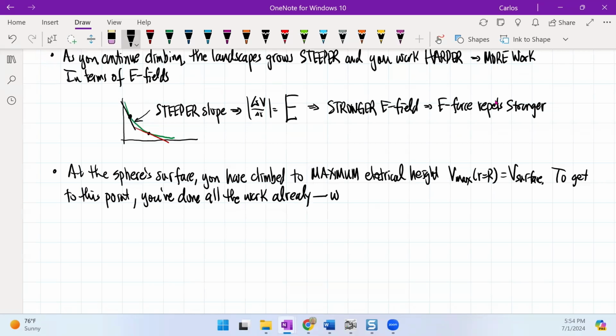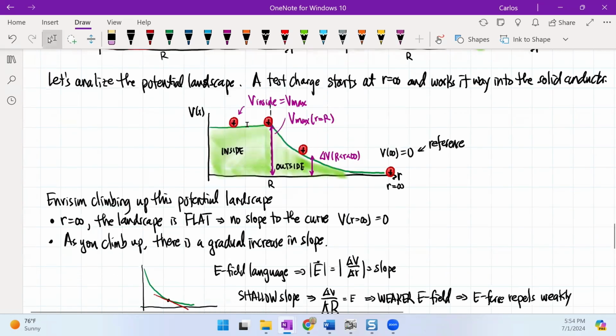And you might ask the question, why? Look at the curve here. It's flat at the top. Once you climb all the way, you've climbed the maximum height.